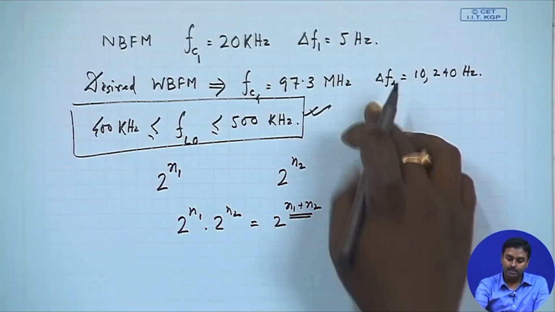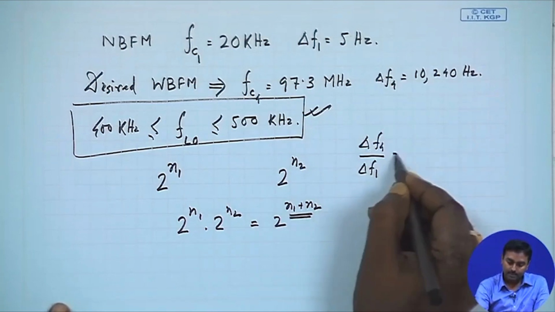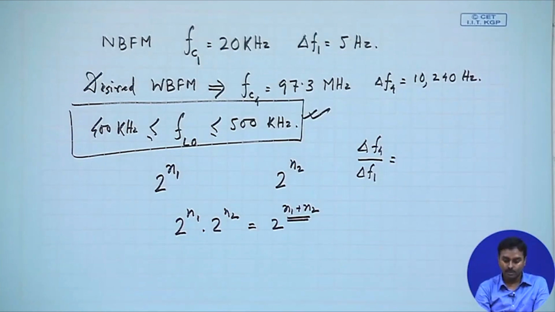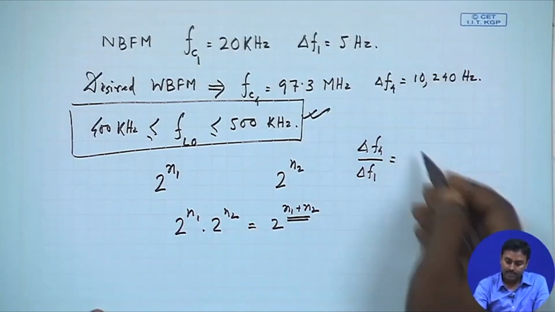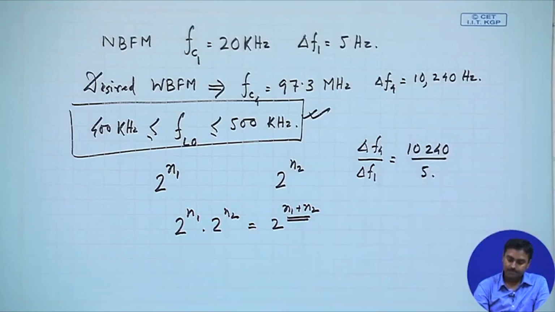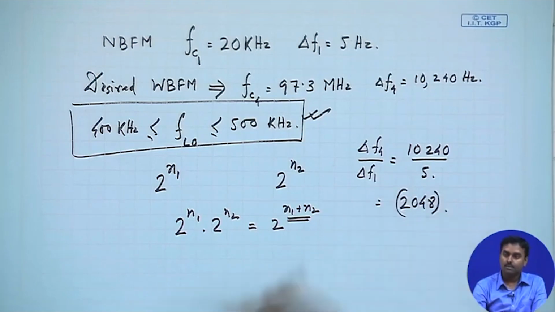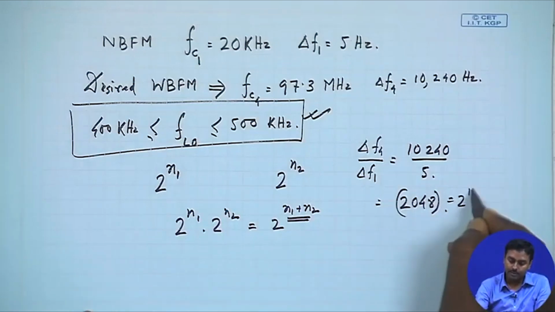How do I get that? So, del f4 divided by del f1, that must be the overall multiplication, because this is the multiplication available to us. So, that becomes 2048, okay, which is 2 to the power 11, right.